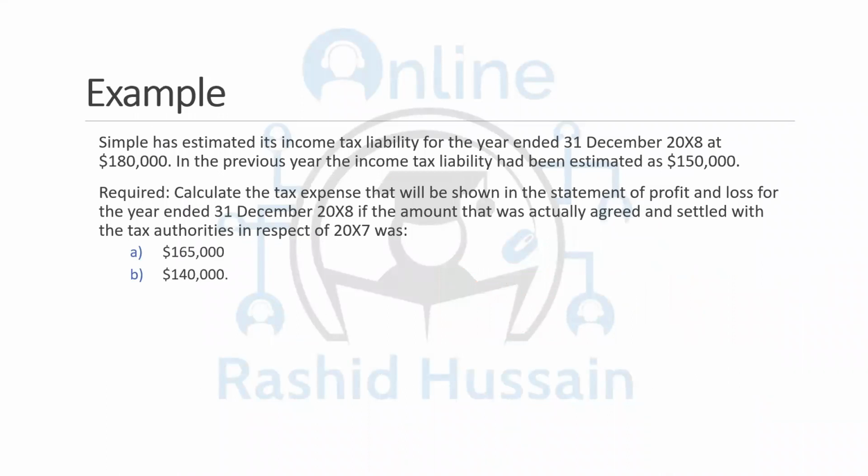Now we have another example. Simple has estimated its income tax liability for the year ended 31st December 20x8 at 1,80,000. So that simply means this is the current year tax provision.